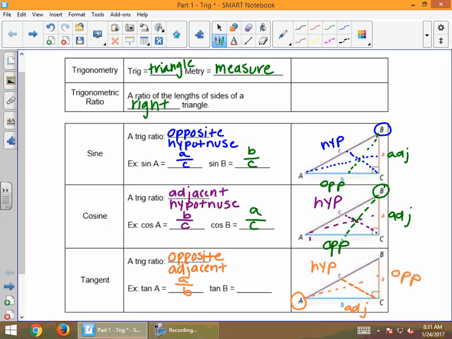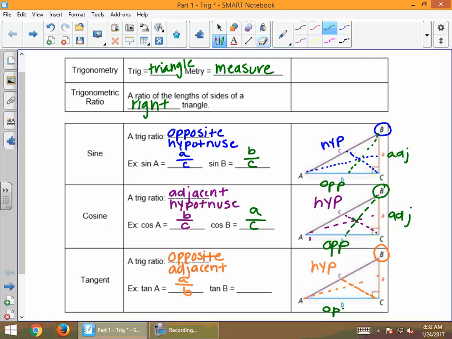We now want to find the tangent of B. We just talked about this. We're going to recircle our angle because we're starting from a new one. So now we're starting with B. When you change your angle in the same triangle, the hypotenuse is always going to be the hypotenuse, but the adjacent and the opposite just flip-flop. You might notice that pattern.